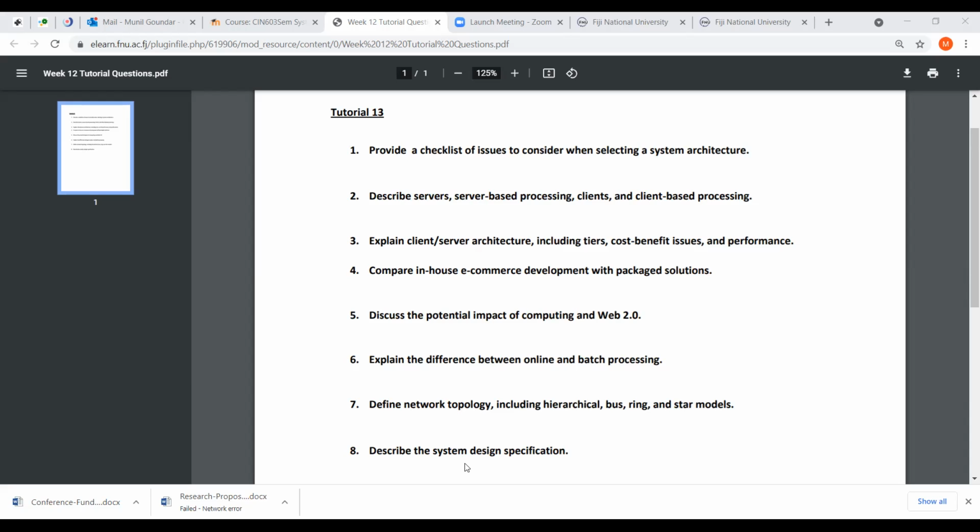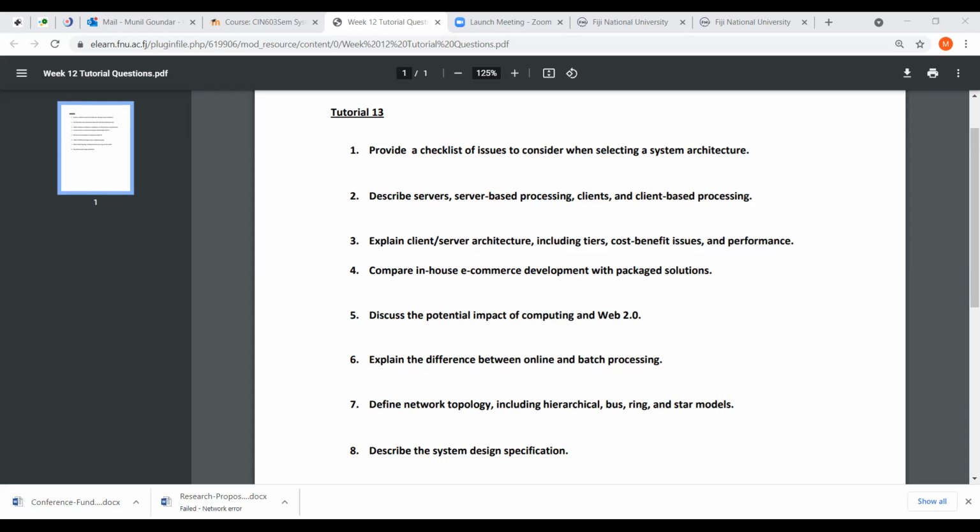Full stop. So client-based processing is where clients share data stored on a local server that supports a group of users or a department. Full stop.